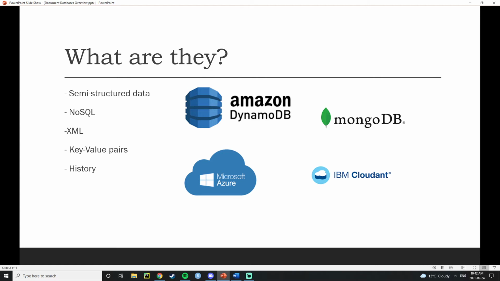So let's talk a little bit about how they work. Document databases sort of inherit the idea of a key-value like storage system, key-value pairs. The difference between NoSQL and document databases, however, is that in NoSQL, the data is essentially invisible to the database.